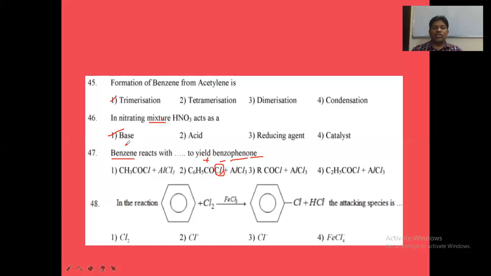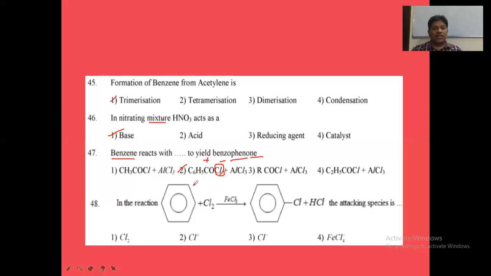Then in the place of the hydrogen of benzene, the electrophile C6H5CO plus will be substituted. That's why we get C6H5 bond CO bond C6H5. So we get benzophenone. The second option is the answer.